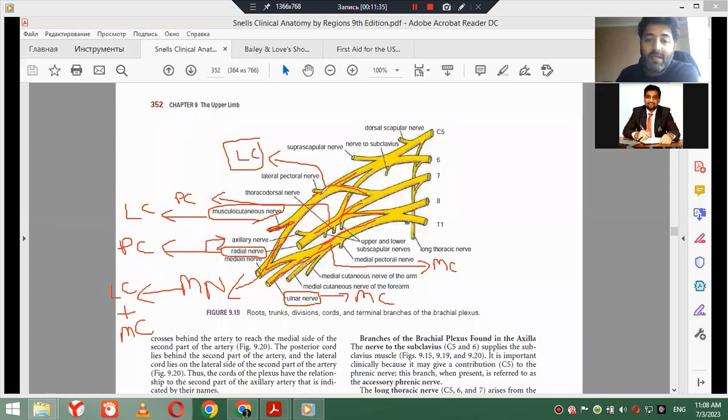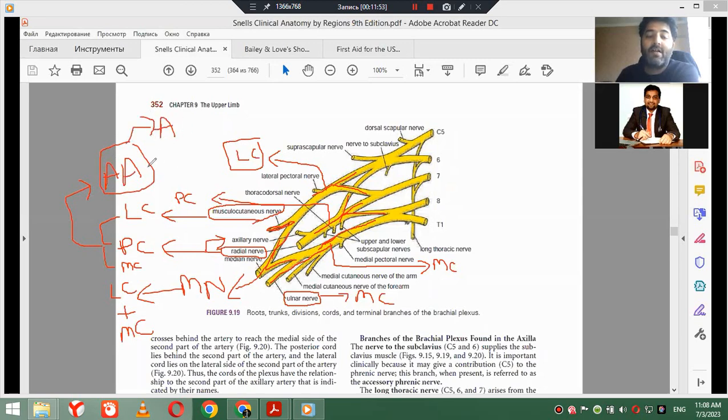Okay, so we said that the lateral cord, the posterior cord and the medial cord, all these cords are in relation to the artery, and that artery is our axillary artery, which is present in the axilla.